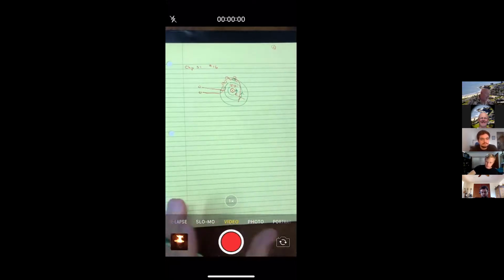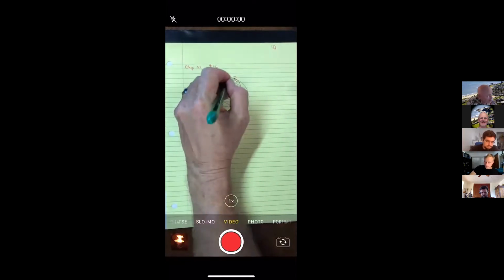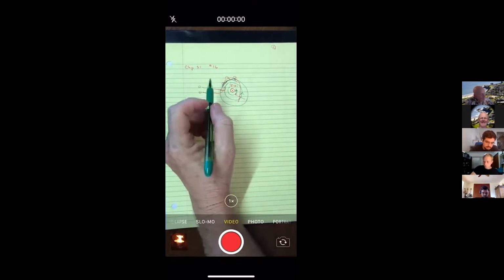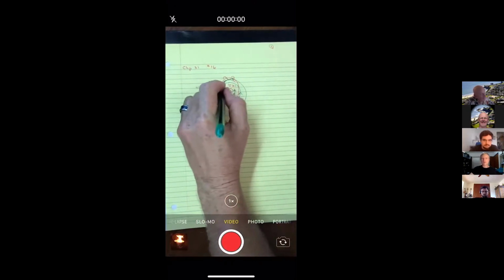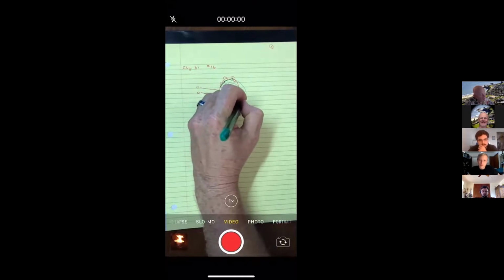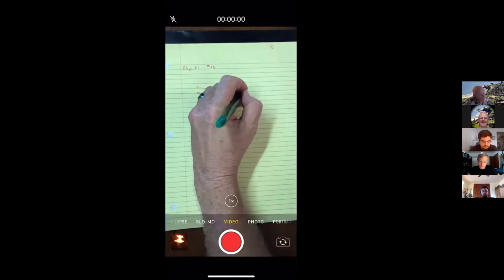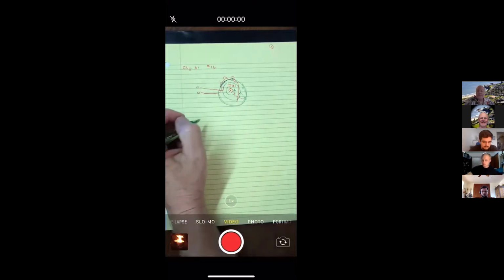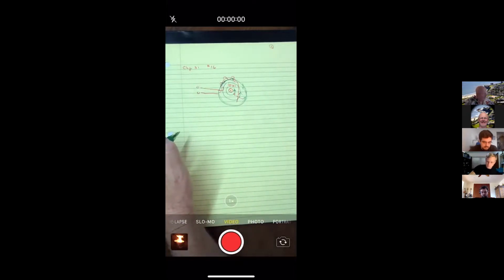So let me call that the primary field, because I'm hoping you can then see, especially in this part of the drawing right here, that this field right here goes through these loops. And that's then where Faraday's law comes into play.